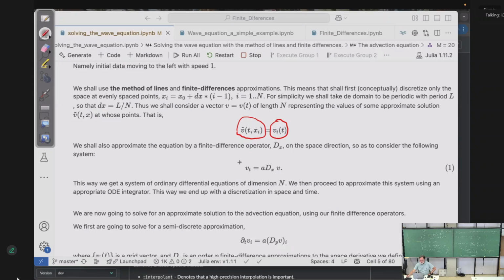So that we'll get an equation which is discrete in space, but is continuous in time. This way we are going to get an ordinary differential equation in time, and then we are going to solve the ordinary differential equation.